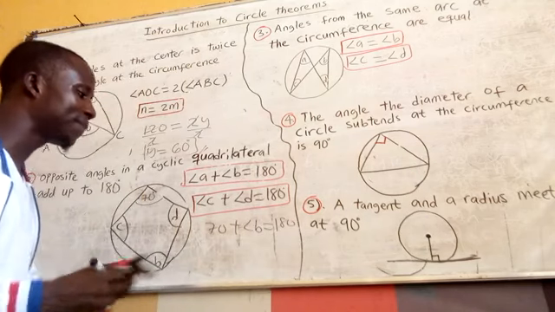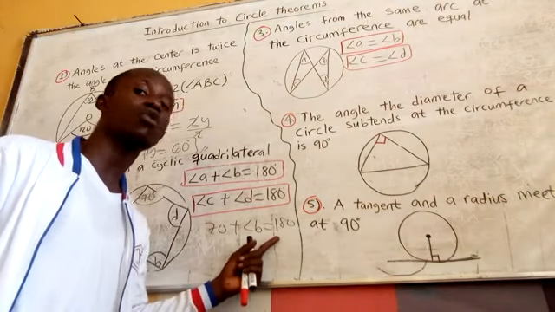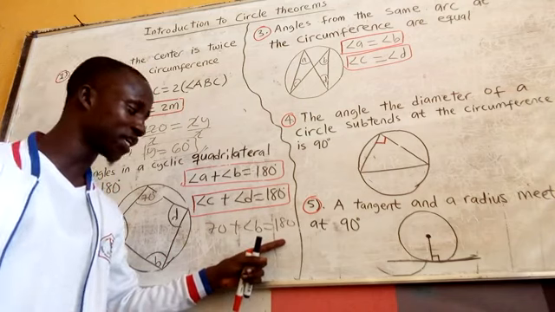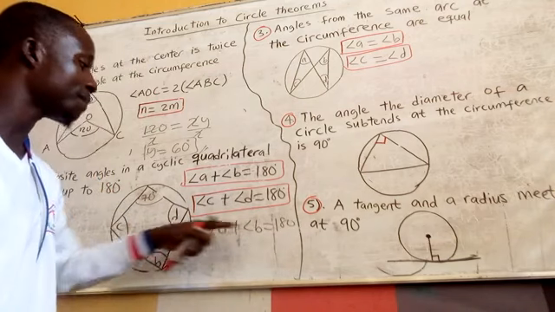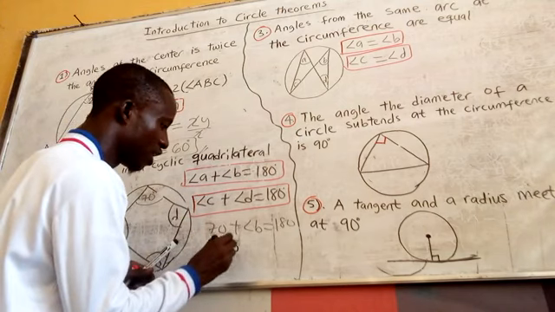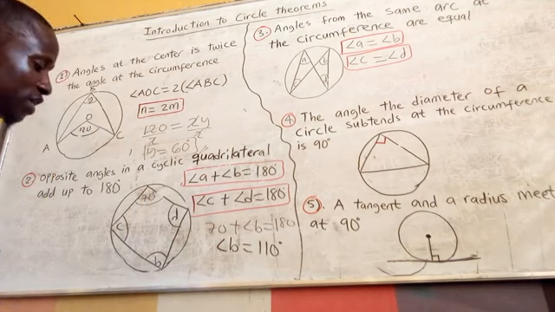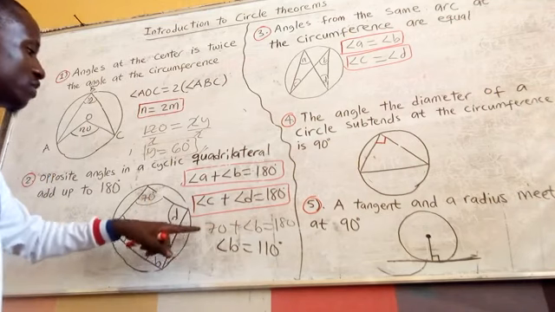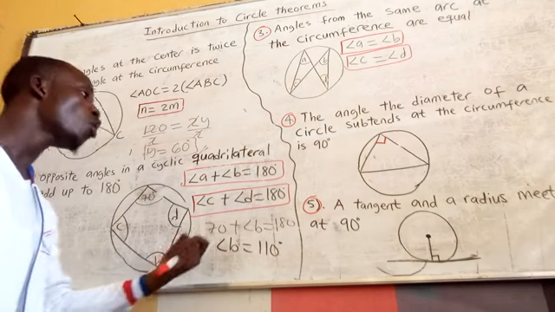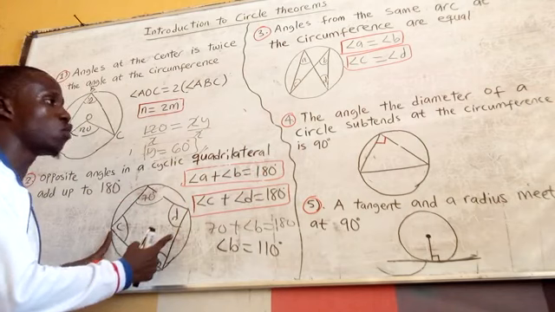To find B, I will transpose, or send, 70 across the equal sign. Sending 70 across changes it to negative. So I will have 180 minus 70, which gives me angle B equal to 110 degrees. This simply tells us that 110 plus 70 gives us 180. So opposite angles now sum up to 180 degrees. We can do the same for angle C and angle D.